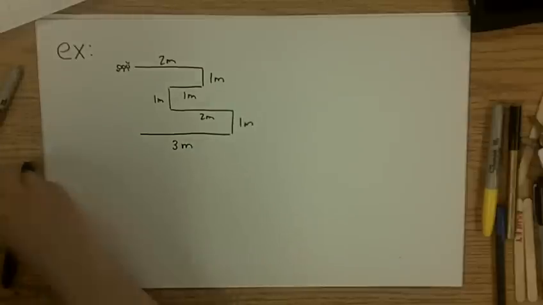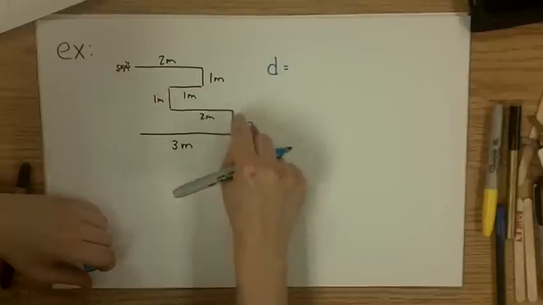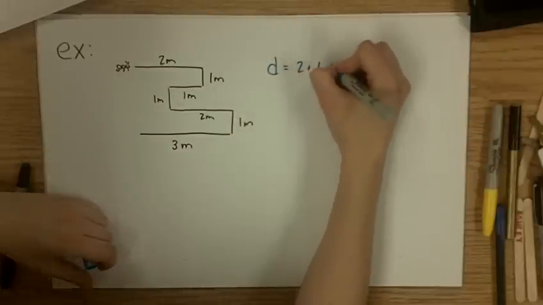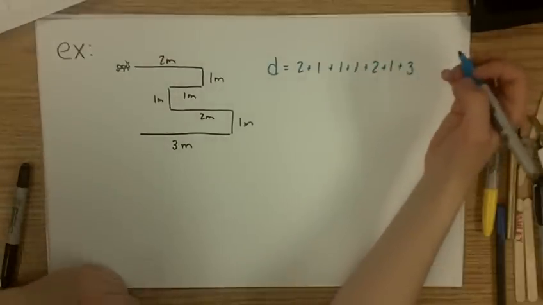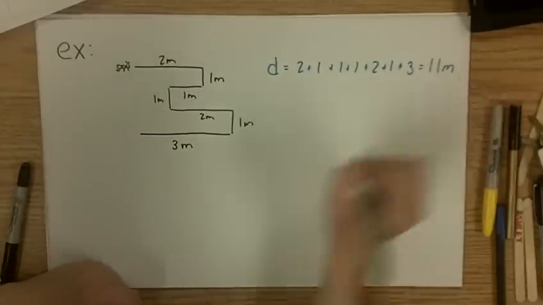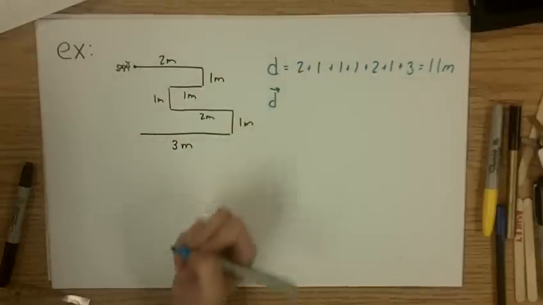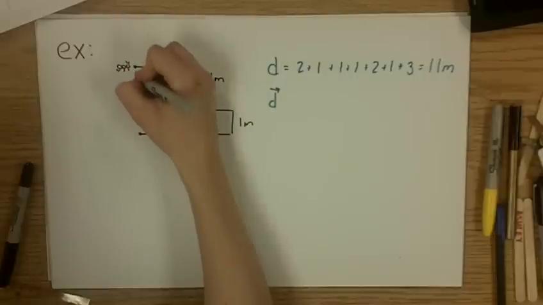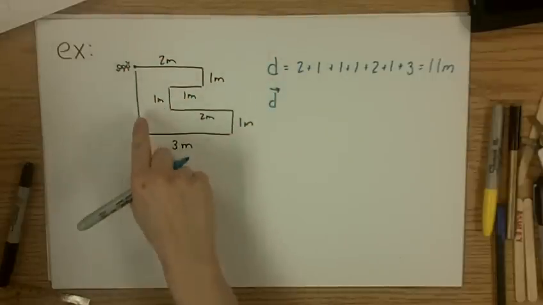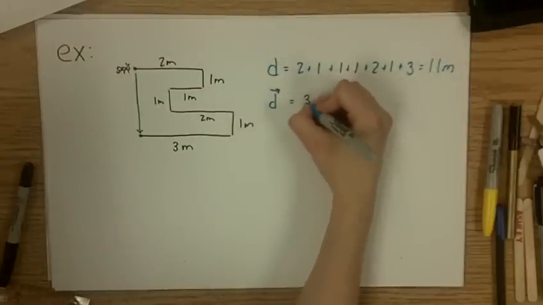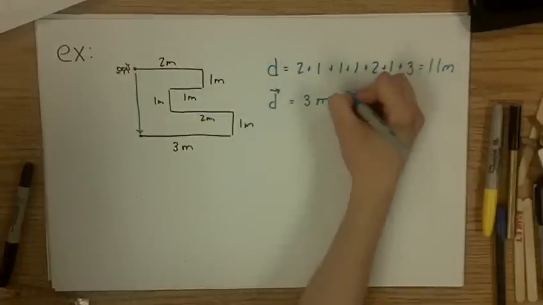We can clearly see the distance is all of these little distances added together. 2 plus 1 plus 1 plus 1 plus 2 plus 1 plus 3 makes a total distance of 11 meters. Displacement we find by looking at the starting point and the ending point and finding the distance between them. We have 1, 2, 3 meters, so it's 3 meters, and the direction is south of where it started.